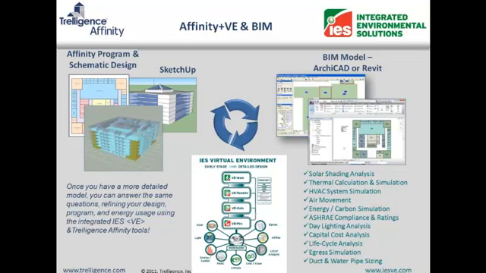Both Affinity and VE analyses can be run at any time throughout the project lifecycle, and changes or updates can be made to both the program and design as needed. This is true both in Affinity as well as in Revit and ArchiCAD, meaning that analyzing design to program compliance, including detailed sustainability requirements, has never been easier.